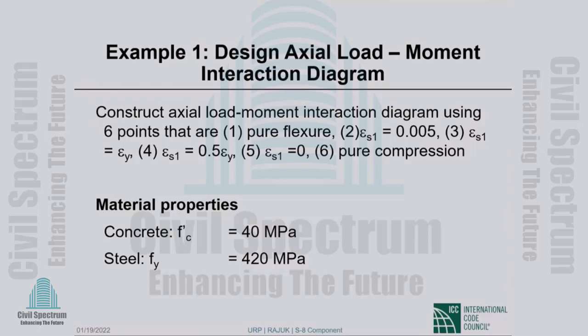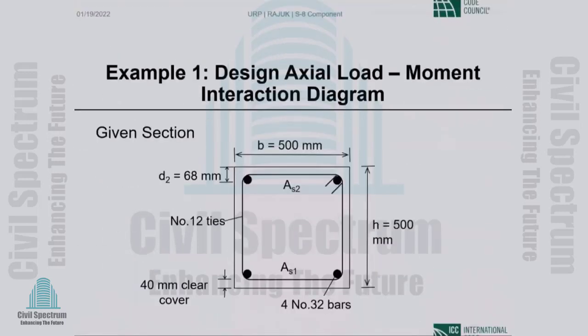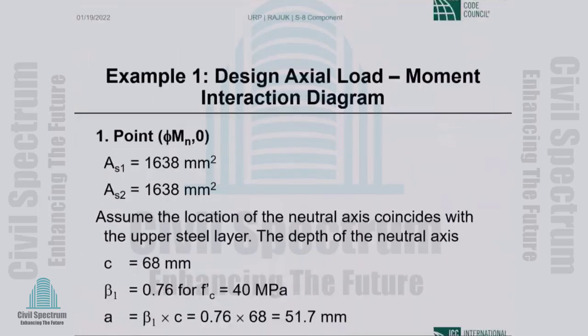So 0.005, then 0.002, then 0.001, then 0. So the strain in the tension steel is decreasing as we go. And then pure compression, remember, 0.003 across the whole section. Concrete 40 MPa, steel 420 MPa.